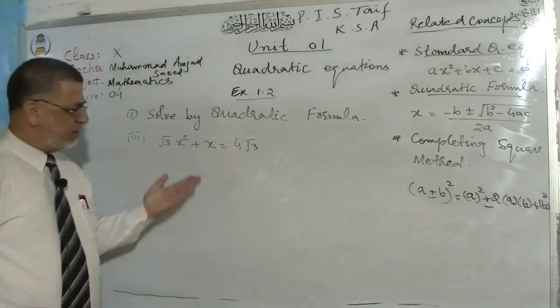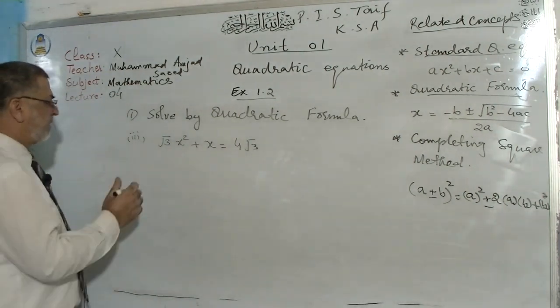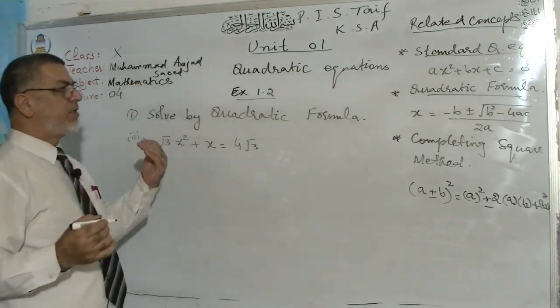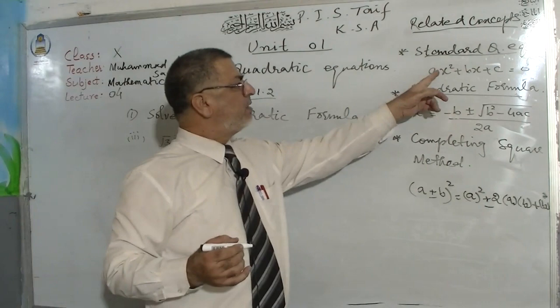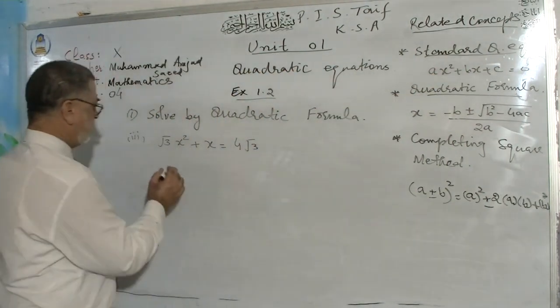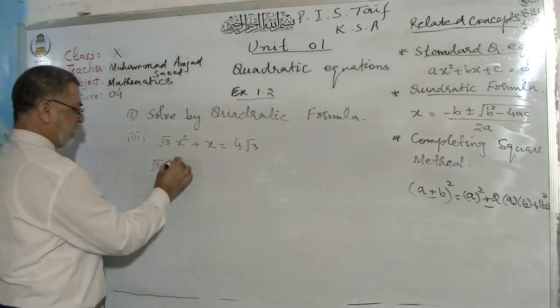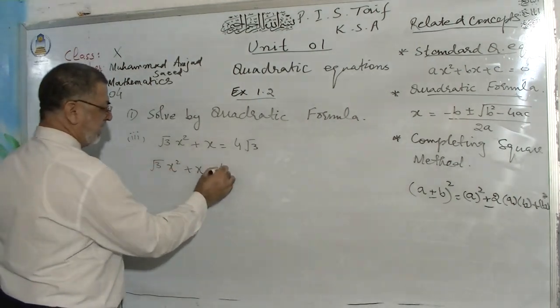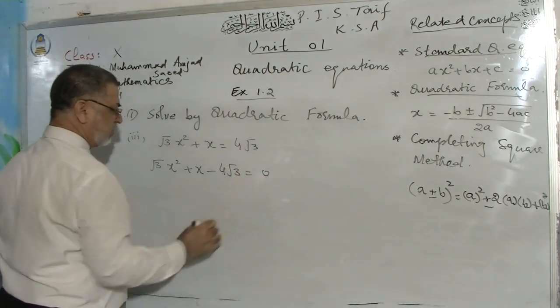Dear students, you can check. Write down in the standard quadratic equation, first term x square, second involves x and then constant. Here is root 3 x square plus x minus 4 into root 3 equal to 0.